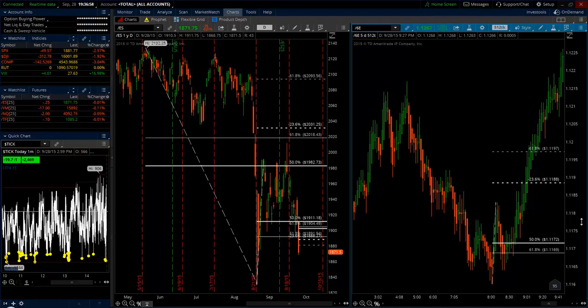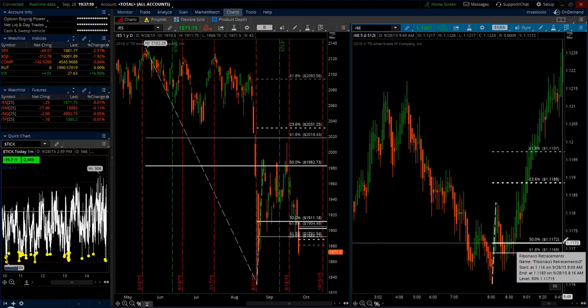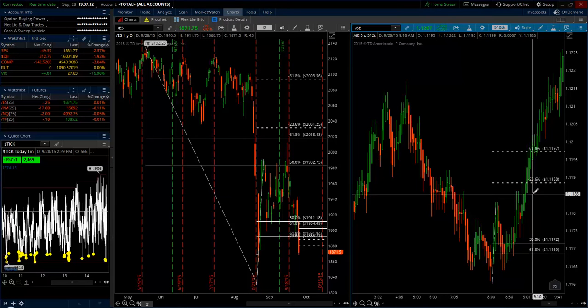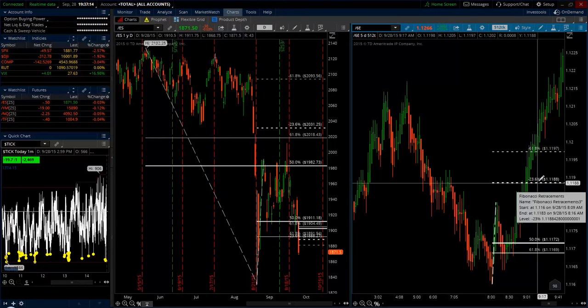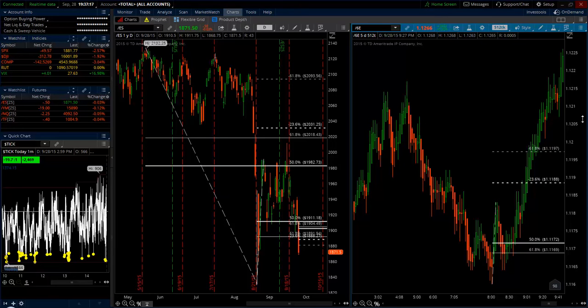More often than not, the setup completes itself without breaking the 61.8, without going 2 pips below the 61.8, with getting filled 1 pip in front of the 50 and trading at least to the negative 23, if not further. And by understanding that this is just one trade of many, there's no need to be upset about it, to feel frustrated, to knock yourself, or to feel like you did anything wrong.